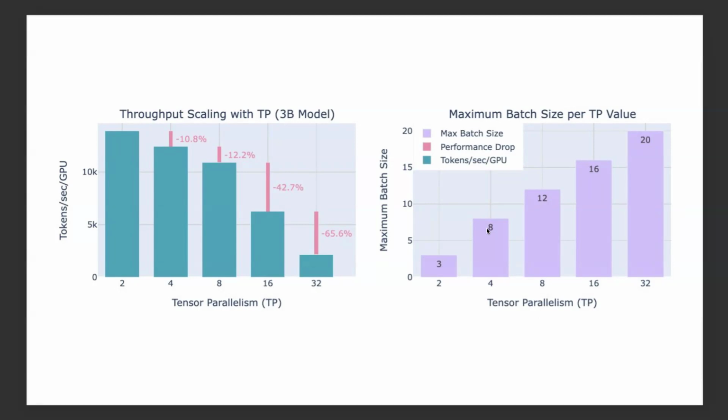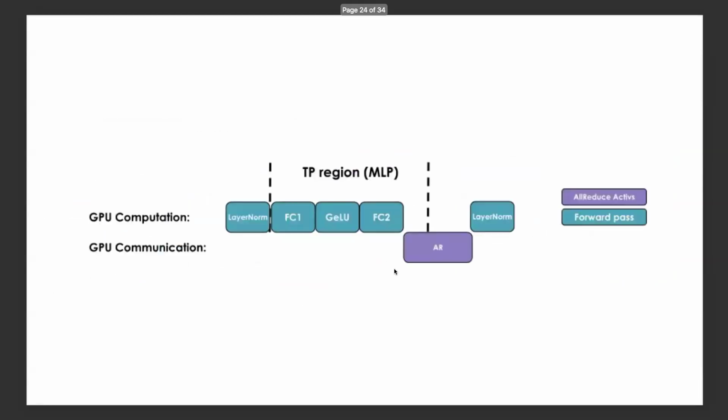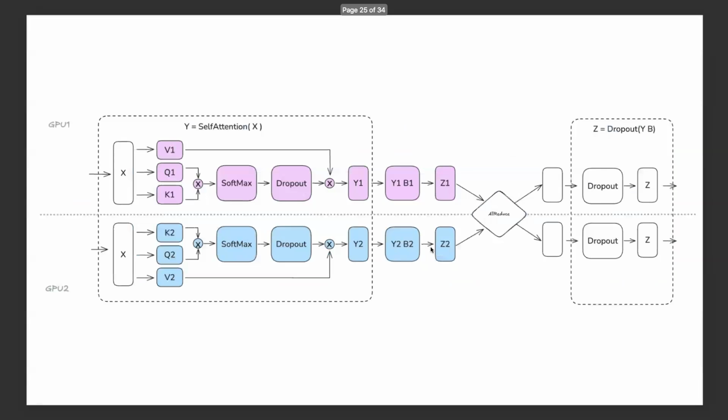At the same time, we can see that with increasing tensor parallelism, we get smaller and smaller throughput. And that's, to my best understanding, because of this stuff. The more GPUs we have, the more time we need to spend in this all reduce block where each one of the GPUs does nothing.